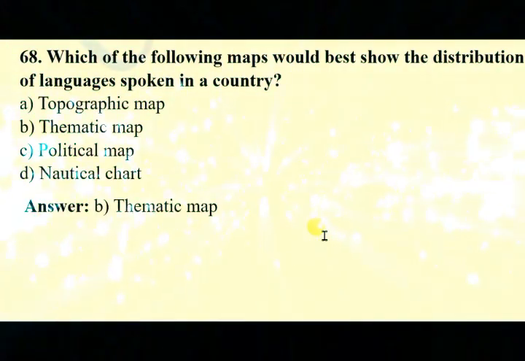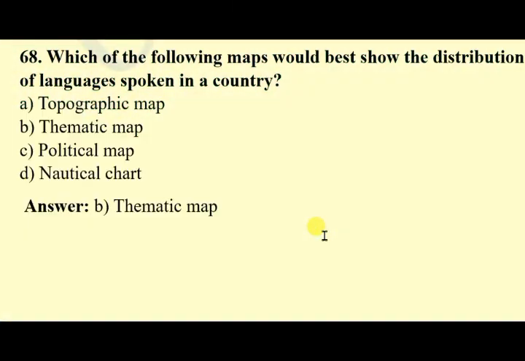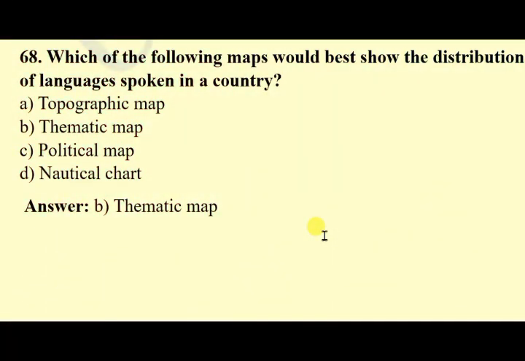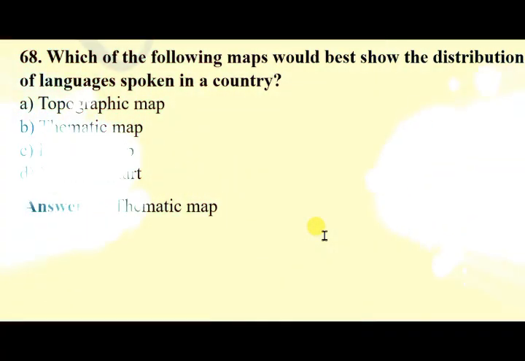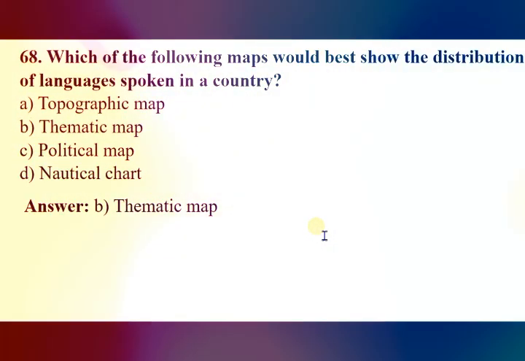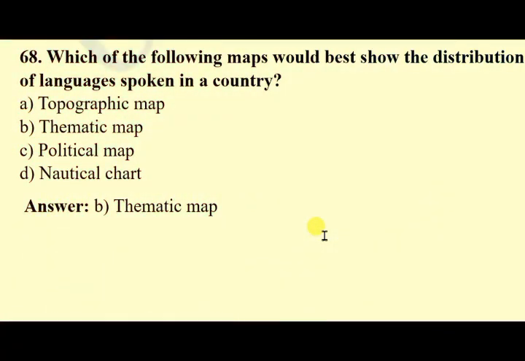In one video I created previously about isolines, popularly known in geography, I discussed the line of the same language spoken by people, known as isoglosses. You can see those videos on my channel.